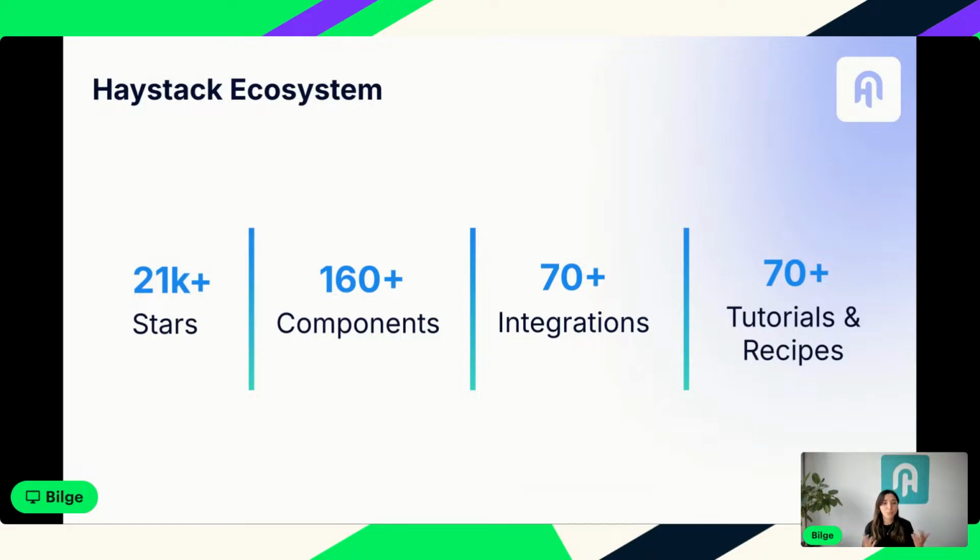And if you are a new beginner, or if you're looking for ways to solve your use case, there are multiple examples, tutorials, and recipes already there on the website. So you can check them ahead and at least get some ideas of how you can build your application in mind.